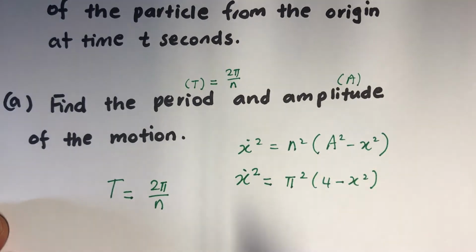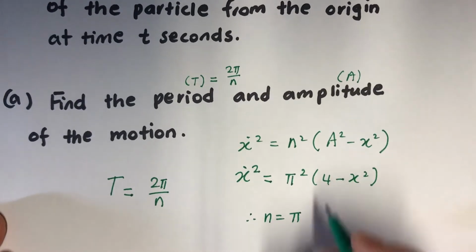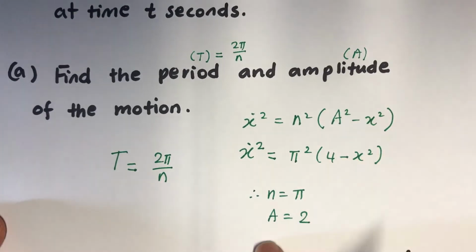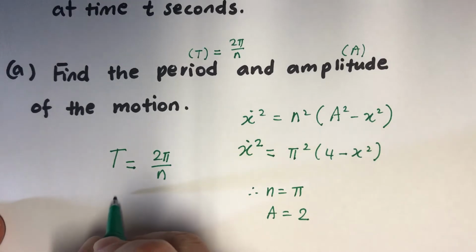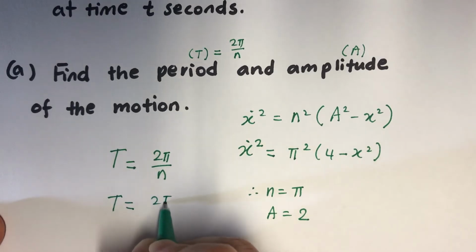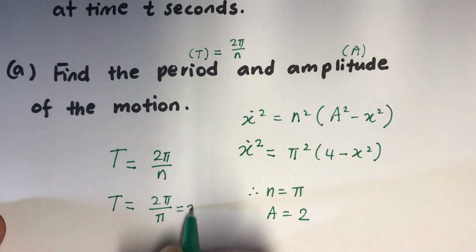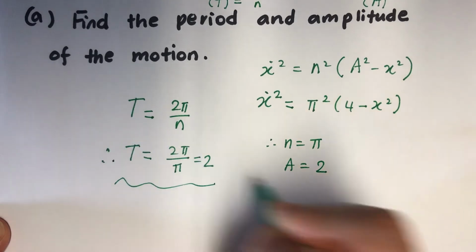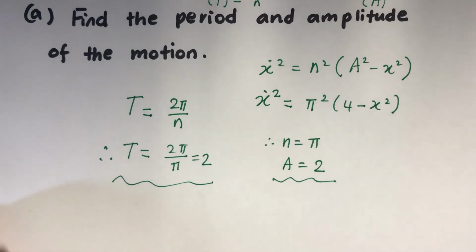So if we're equating that, n equals pi. Also a equals 2, because a squared equals 4. Now I can put T equals 2 pi over pi, and I will get 2. So my answers are T equals 2, a equals 2 also.